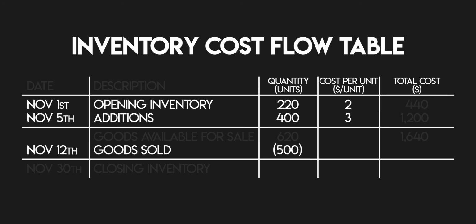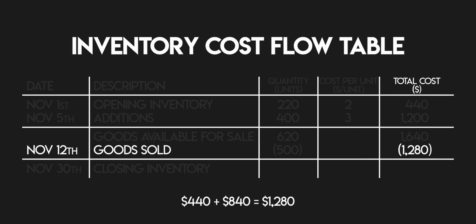So here's our workings. 220 units multiplied by $2 is $440. And 280 units multiplied by $3 is $840. 440 plus 840 is $1,280. This is your total cost of goods sold.